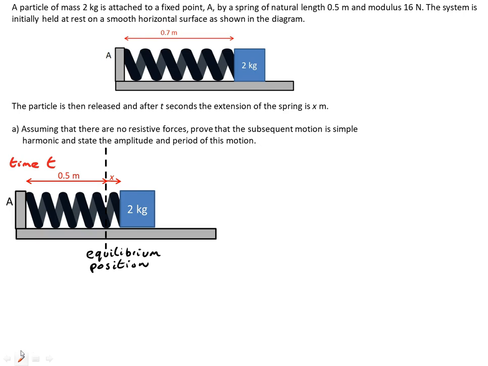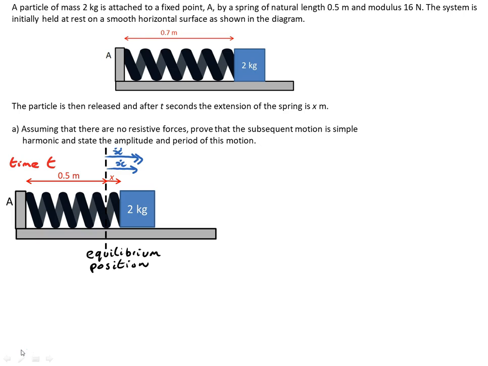We will suppose that at this time the extension of the spring is x meters, which means that the displacement of the object away from its equilibrium position is x meters. In the diagram we are treating to the right as being the positive direction for the displacement, so it is therefore also the positive direction for both the velocity and the acceleration.